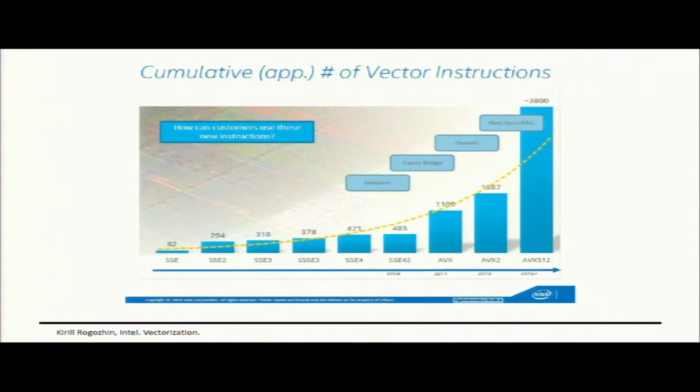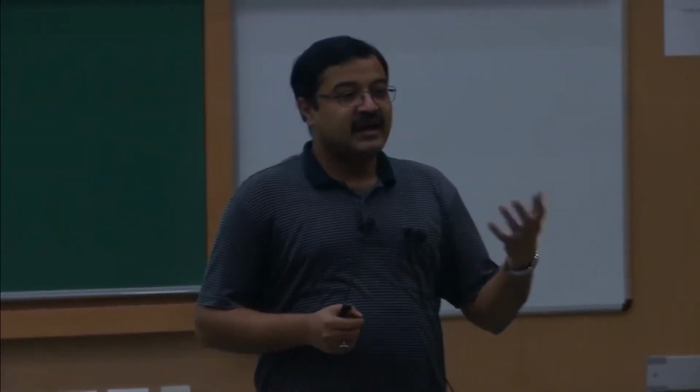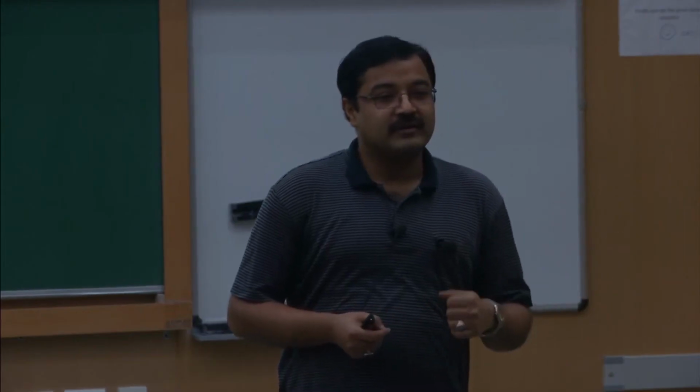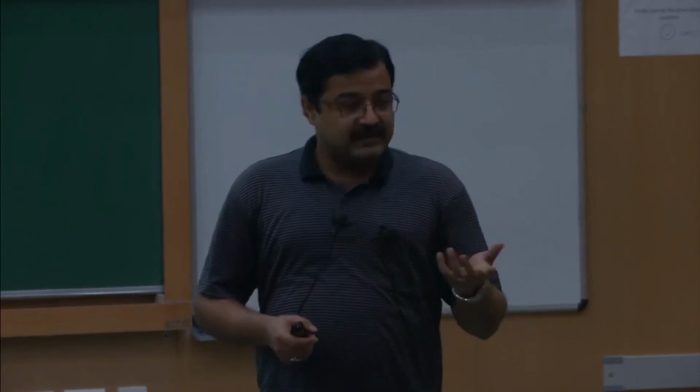That is what we are trying to show in this slide. So don't just rely on writing a parallel program. If you want to write efficient code, you should also make use of these other features that architects are providing you, and standards like OpenMP also provide support for vectorization, and that is what we'll look at.